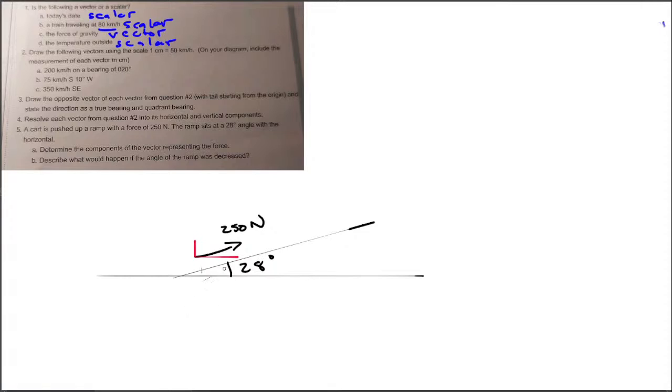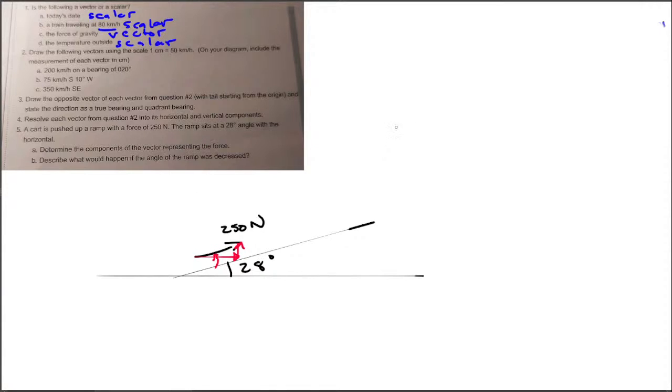You can just move vectors around as you want, as long as they are the same direction and the same magnitude, they're the same vector. It doesn't matter where they are. So we can do this, and then this little angle in here is 28 degrees.